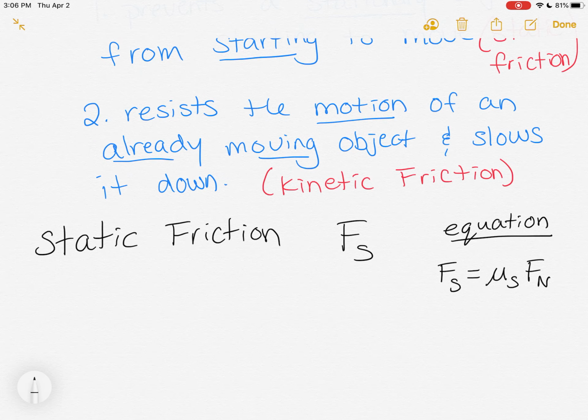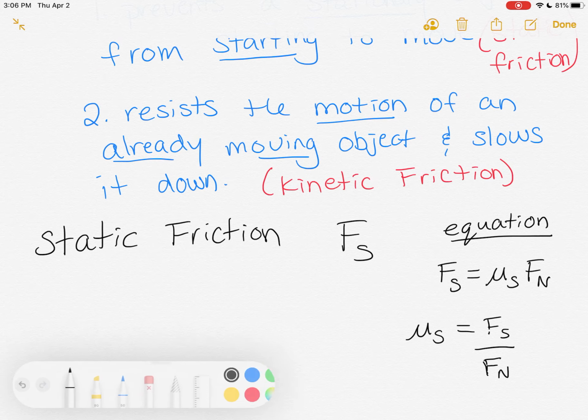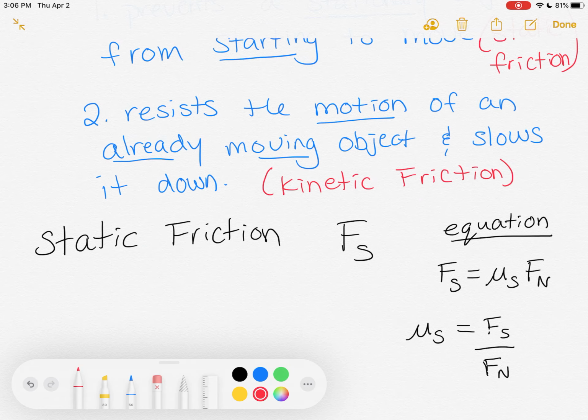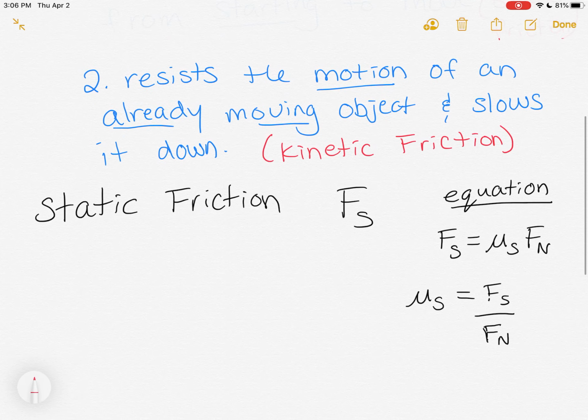We can rearrange this formula as mu s is equal to Fs divided by Fn. This equation is on your formula sheets. It's not a formula that you need to memorize, but it is one that you need to know how to use. Let's talk about the three parts of this formula.